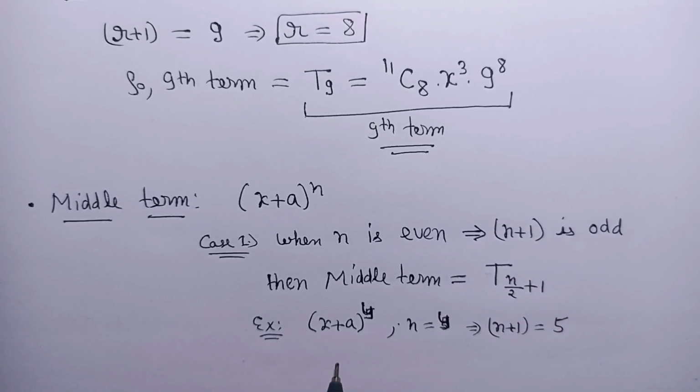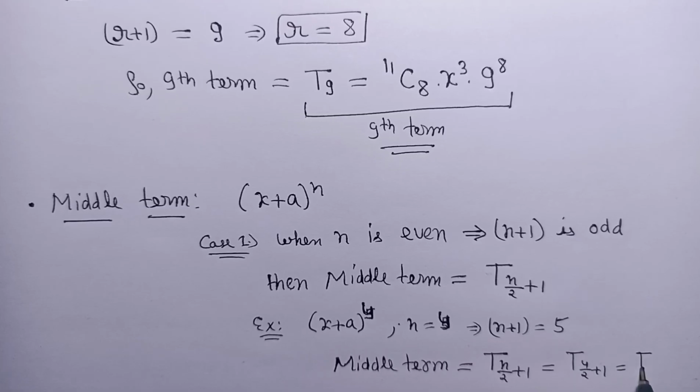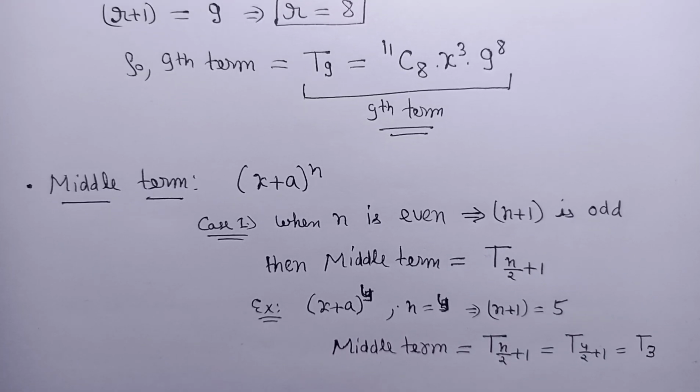So the middle term will be equal to T(n/2 + 1), which is T(4/2 + 1), and this is eventually equal to T3. So your third term will be the middle one.